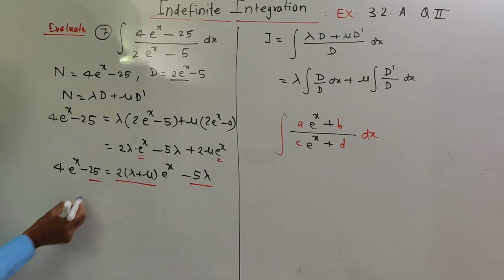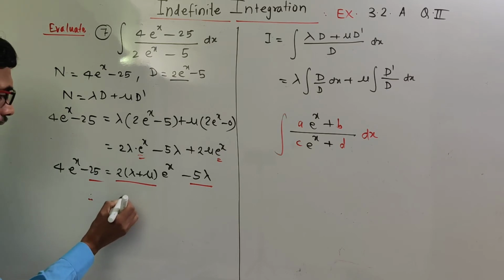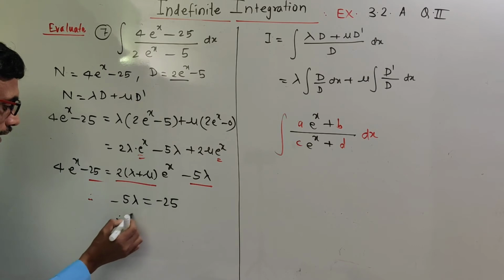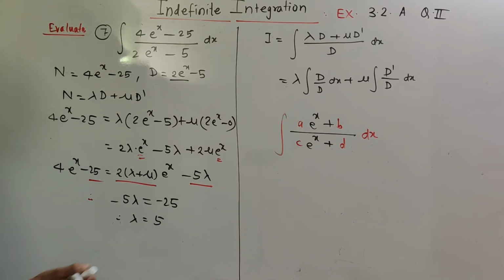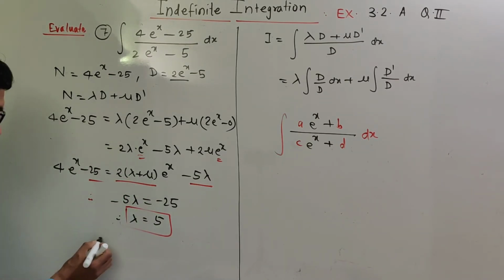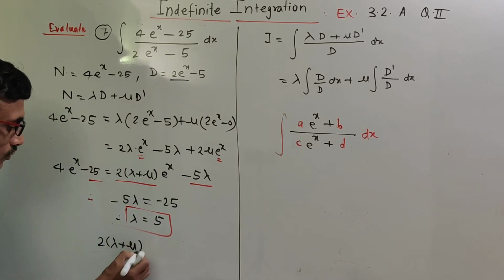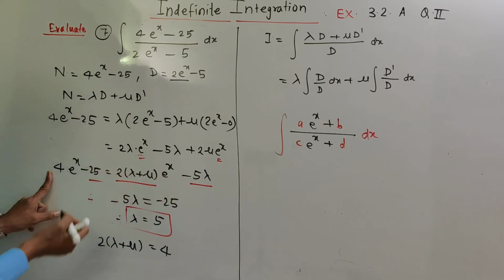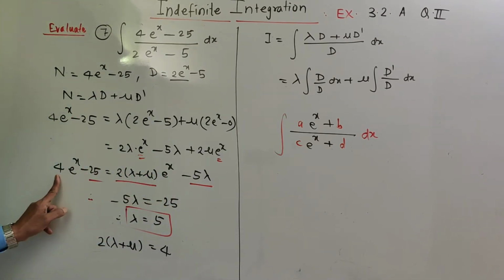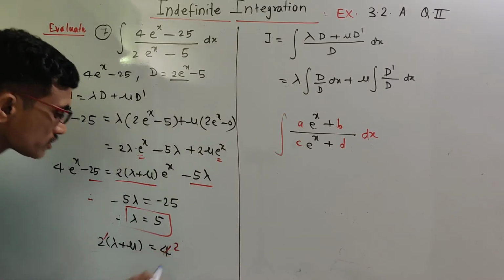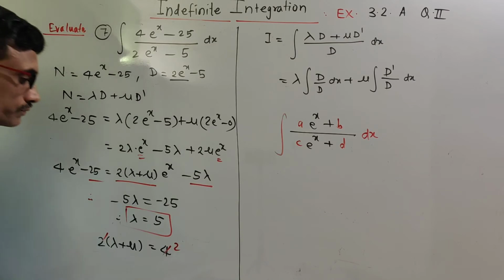Therefore minus 5 lambda is equal to minus 25, so that lambda is equal to 5. We are getting lambda is equal to 5. Then 2 times lambda plus mu is equal to 4, the coefficient of e raised to power x. Here the coefficient of e raised to power x is 4, so that this 2 is getting cancelled.